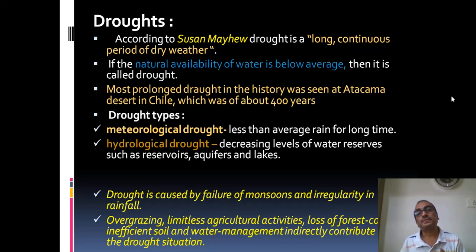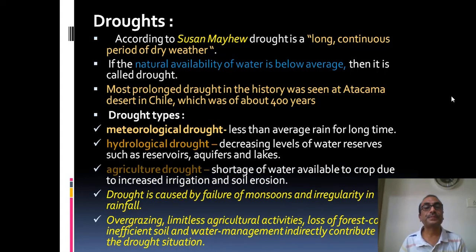This kind of decrease is due to over exploitation, over extraction of water from the bore wells, and that leads to hydrological drought. Using extensively the water from the reservoirs for irrigation when we increase our agricultural activities also indirectly leads to hydrological drought. Next is the agricultural drought.